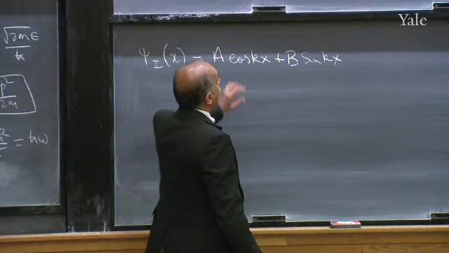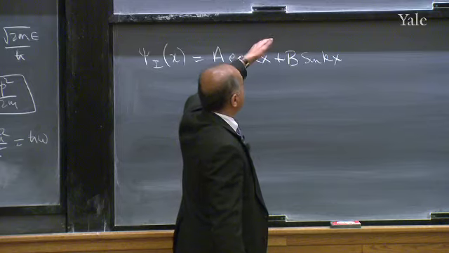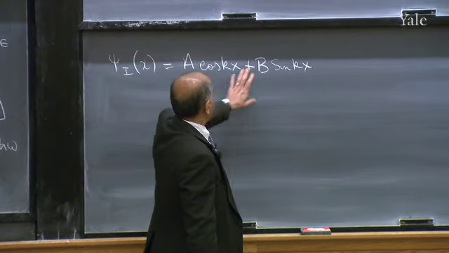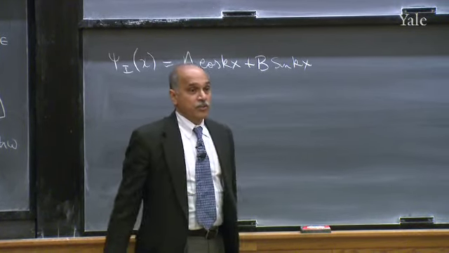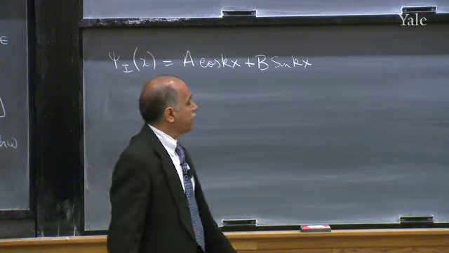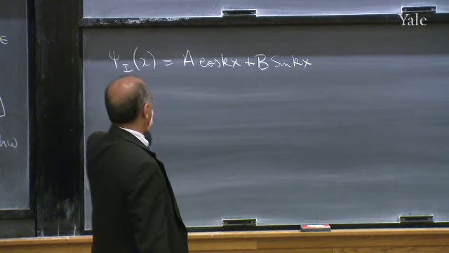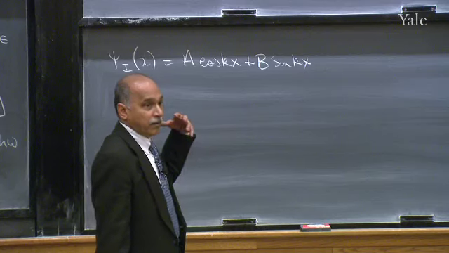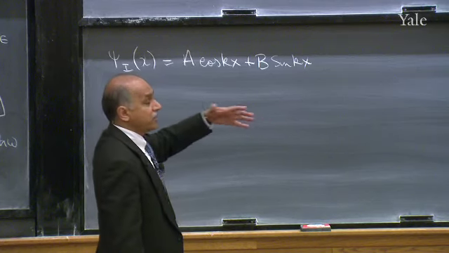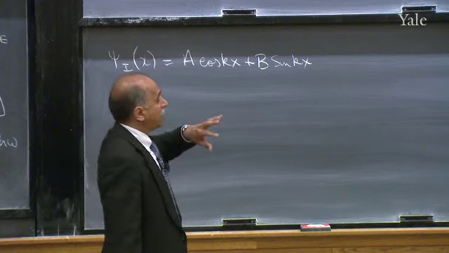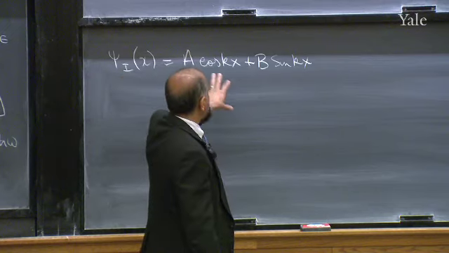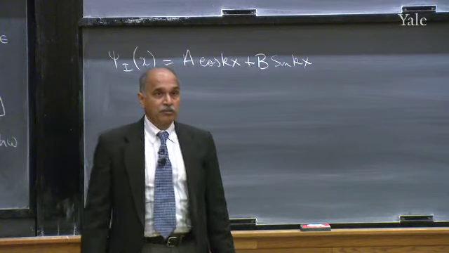I hope you all know that besides exponentials, our old friends, the trigonometric functions, are also solutions to this equation. Because the second derivative of cosine is minus k squared times the cosine. Second derivative of sine will also give you minus k squared times the sine. So rather than using exponentials, I'm going to use sine and cosine because I have an ultimate motive.